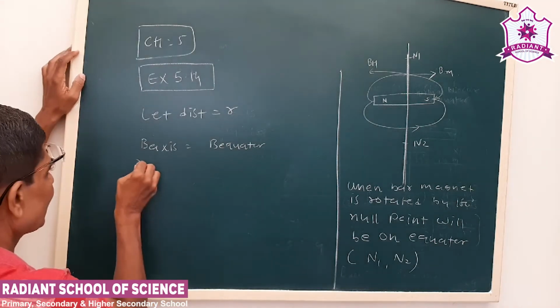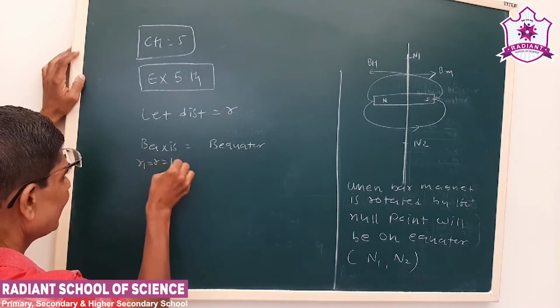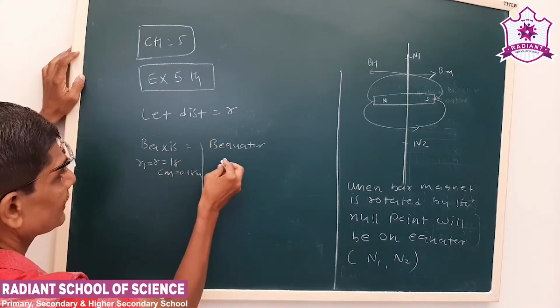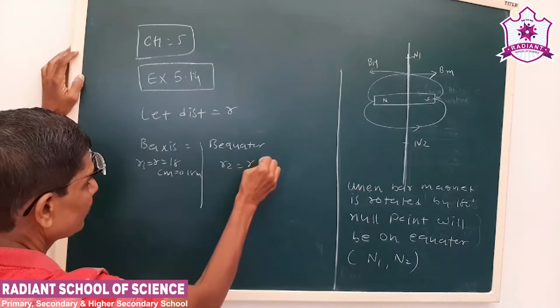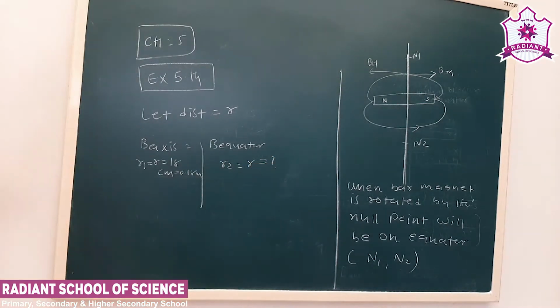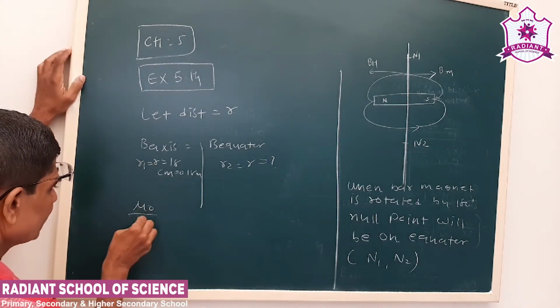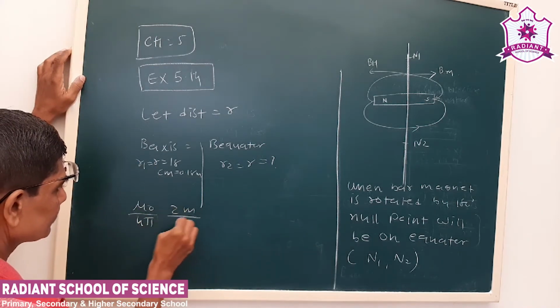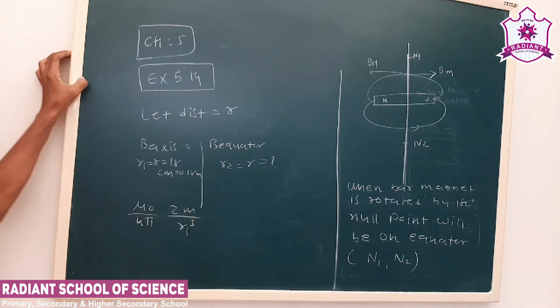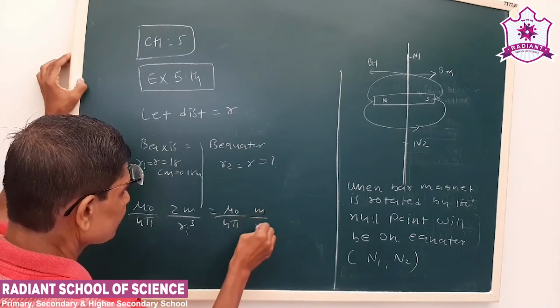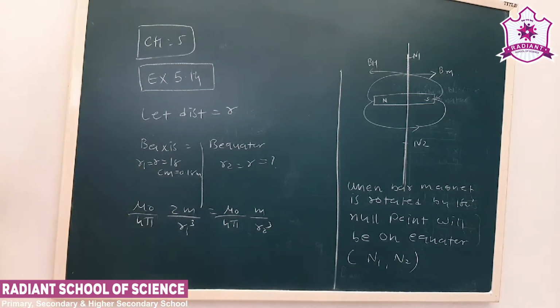See, initially R1, let us say R is 18 centimeter, is 0.18 meter, and R2 is R, we have to find out. Now see, the axis formula is 2 mu0 upon 4 pi M upon R1 cube, equator is mu0 upon 4 pi M upon R2 cube.